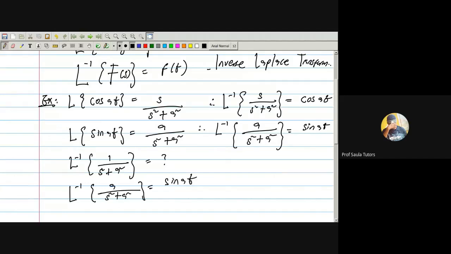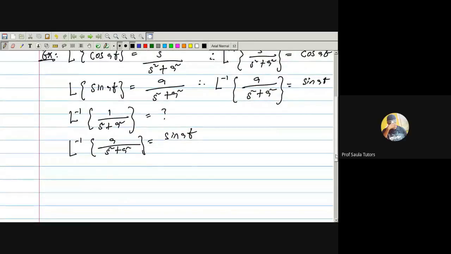Do you believe that? Now, don't forget that this a is a constant. I can move it outside. So I have a times the inverse Laplace transform of 1 over s squared plus a squared. Of course, this is sine at. Are we together? We divide both sides by a.